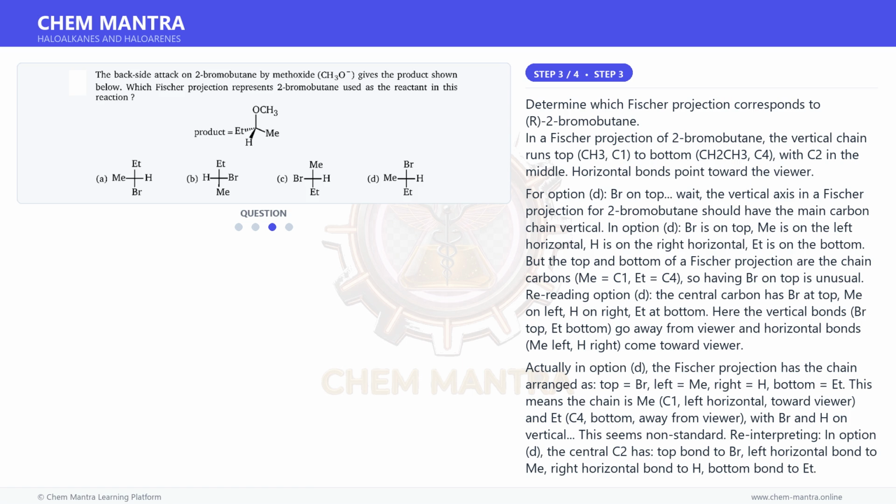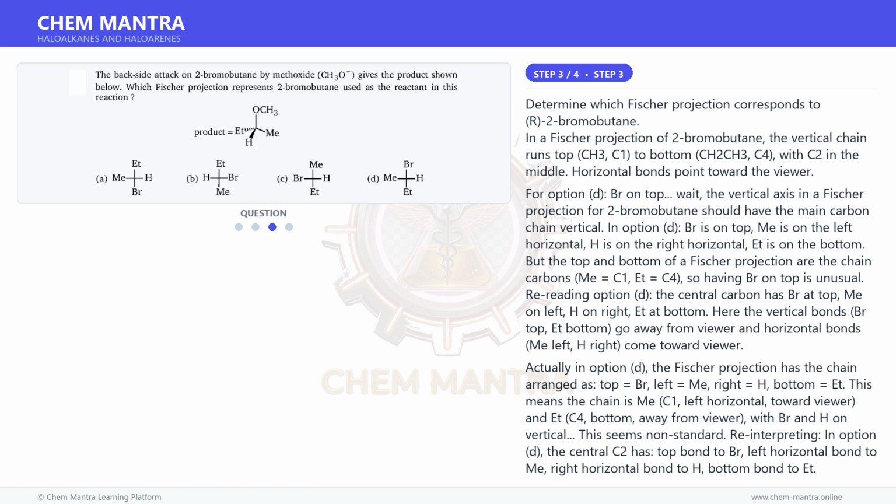Actually in option D, the Fischer projection has the chain arranged as top equals Br, left equals Me, right equals H, bottom equals Et. This means the chain is Me, C1 left horizontal, toward the viewer, and C4 bottom, away from the viewer, with Br and H on vertical. This seems non-standard.